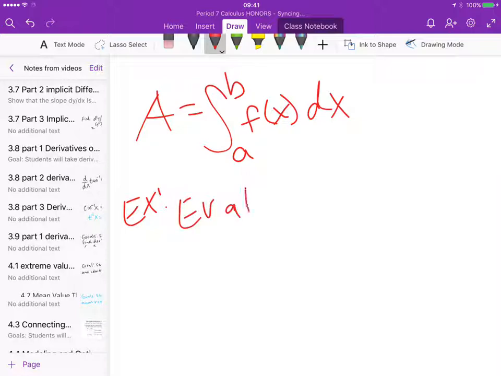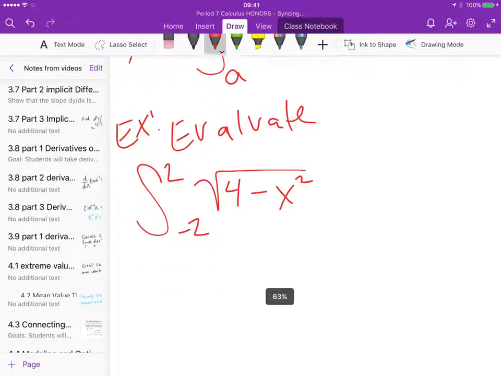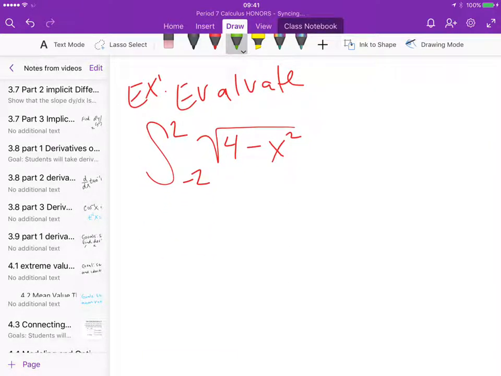What if we want to evaluate the integral from -2 to 2 of square root of 4 minus x squared? All right, so let's think here for a sec. Area under a curve, that is what this integral's evaluation is going to be. I'm going to throw a little a here to go along with it, because our goal is to find the area under this particular curve from -2 to 2.